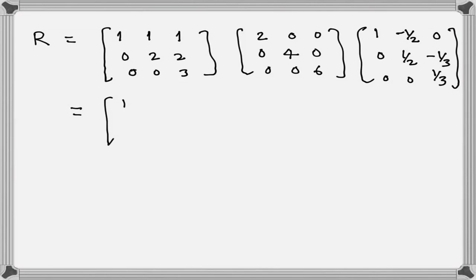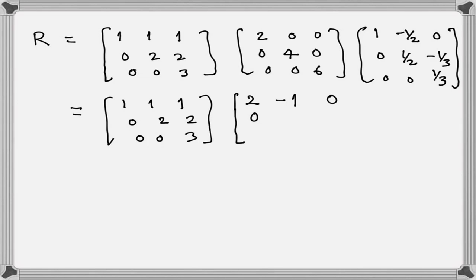So this is nothing but 1, 1, 1; 0, 2, 2; 0, 0, 3 times the product of Q and P inverse, which gives 2, minus 1, 0; 0, 2, minus 4/3; 0, 0, 2.